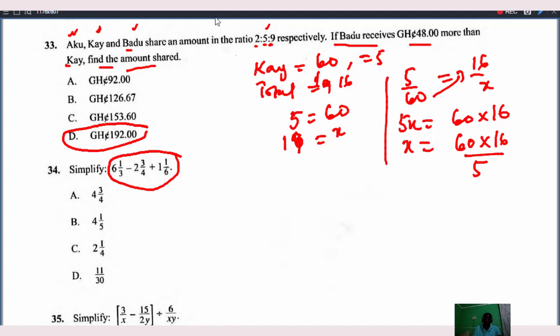minus 2 whole number 3 over 4, 3 over 4, 3 over 4 plus 1 whole number 1 over 6, 1 over 6.